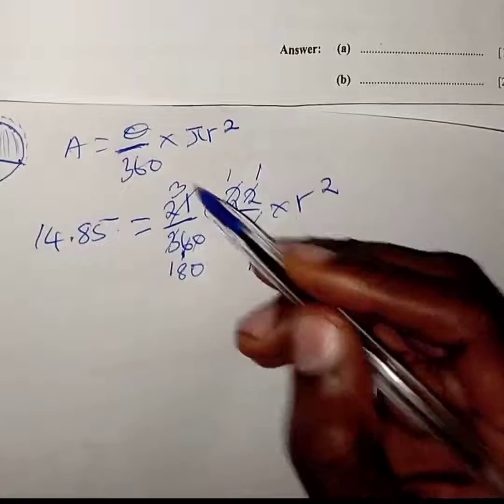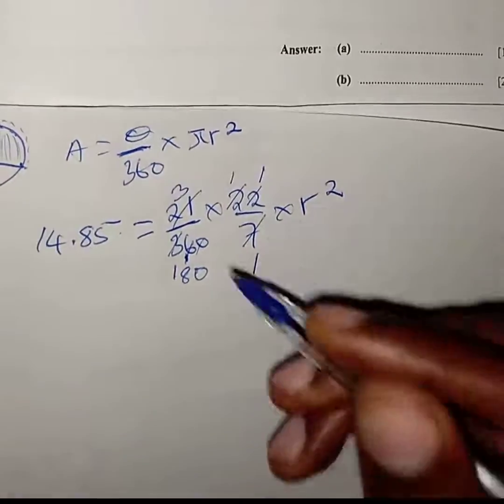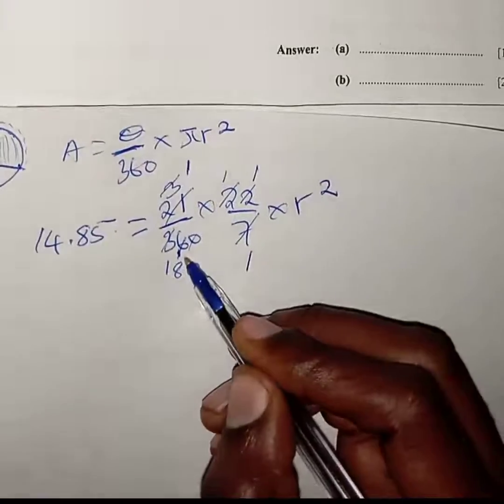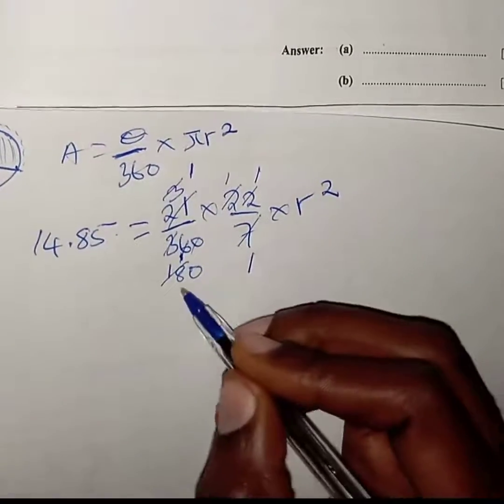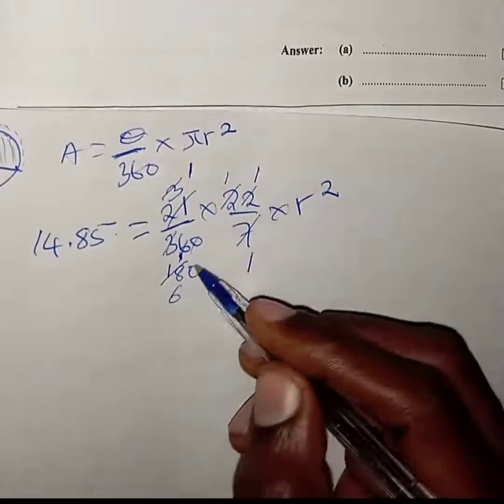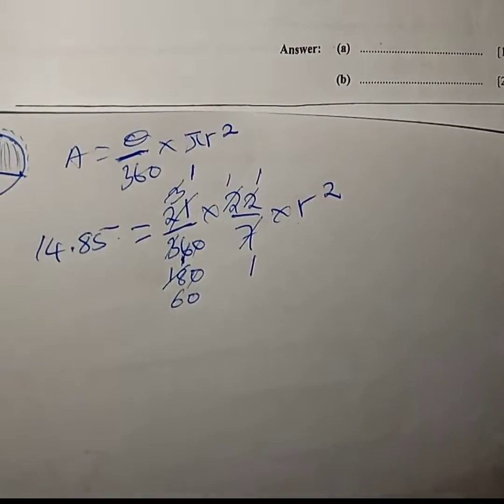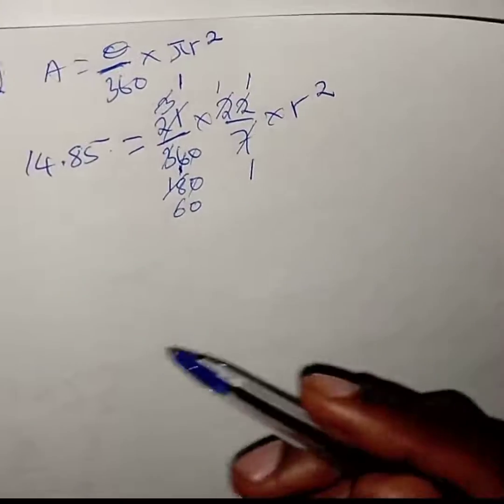Now look at a 3 and 180. 3 here, 1, 3 into 18, that is 6, 3 into 0, that is 0. See that? So let us write what we have remained with.